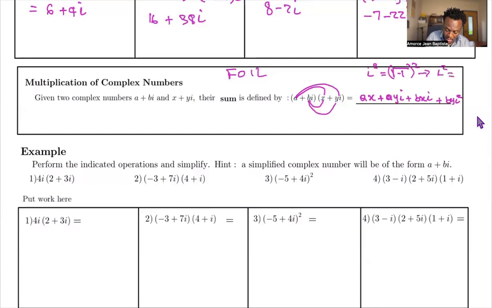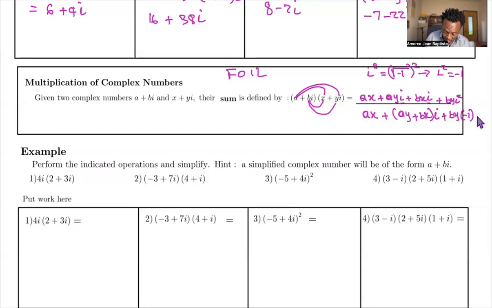i squared is negative 1. So that will be ax plus, there's i and i, we can factor i out, so ay plus bx i, plus by times negative 1. So that becomes negative by.